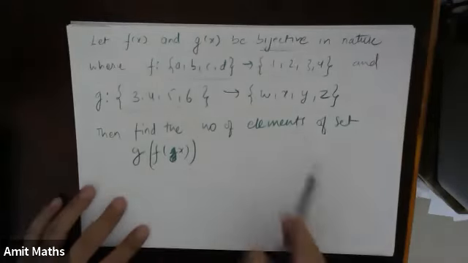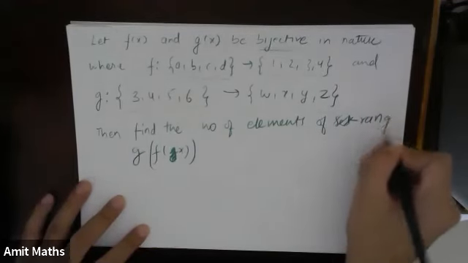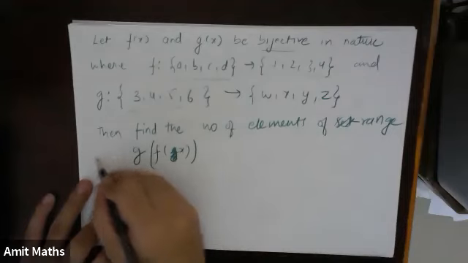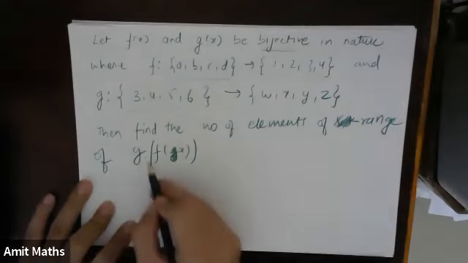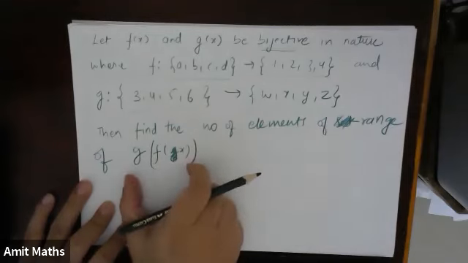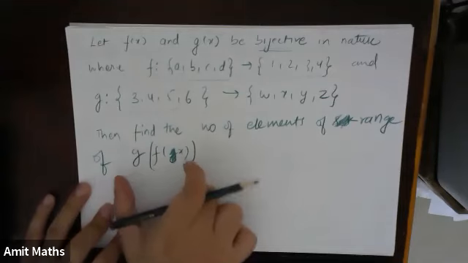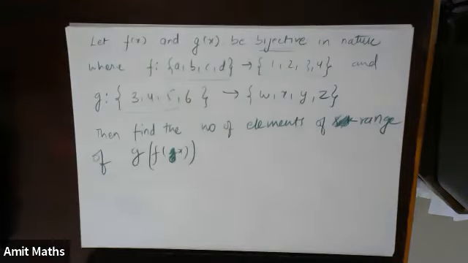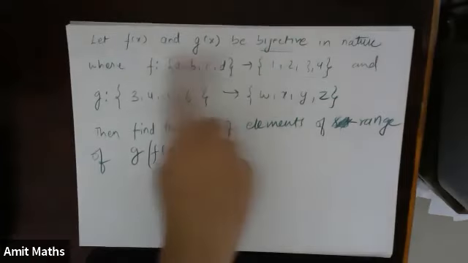Find the number of elements in the range of g of f of x. In this set, you have to find the range of this composite function. Tell me how many elements you will have if this is the condition given.